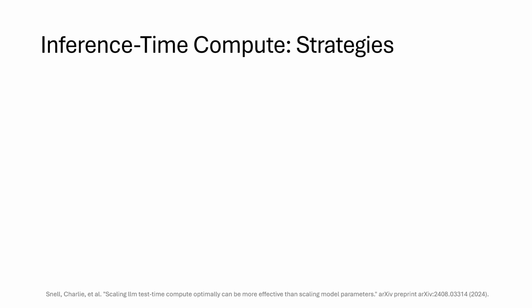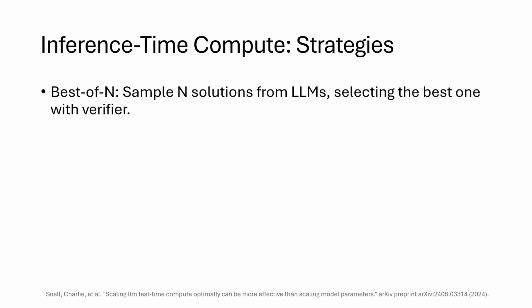Let's review the inference time compute strategies we have discussed so far. First, when we introduced the process reward model and its variations, we talked about the best-of-n paradigm. That means we sample n solutions from a language model and select the best one with our verifier, ORM, process reward model, or any model.